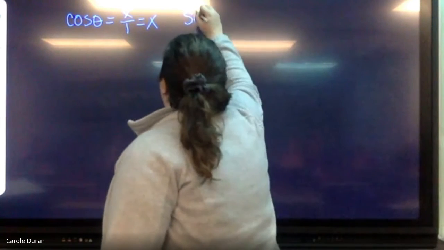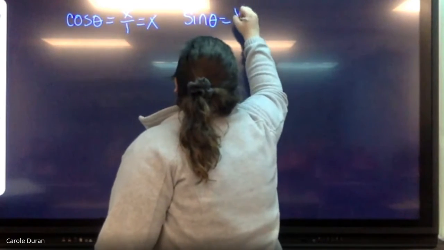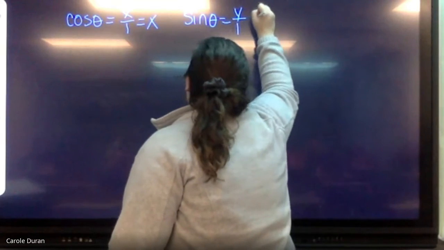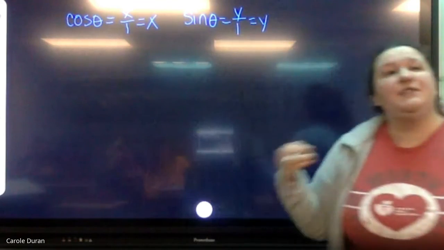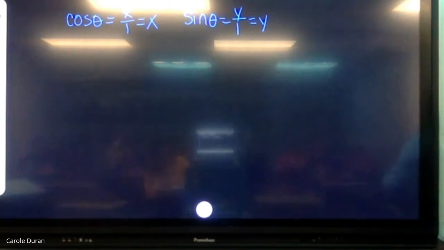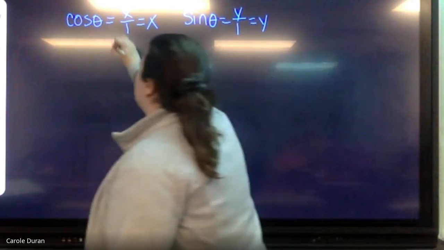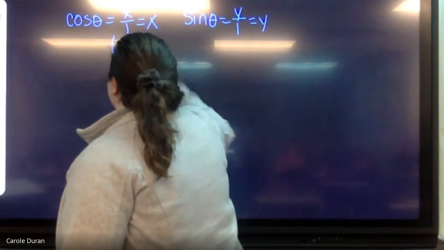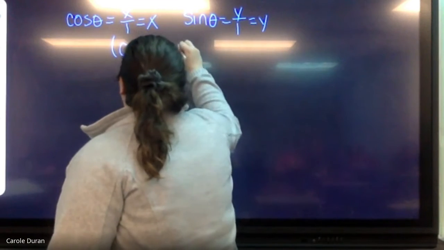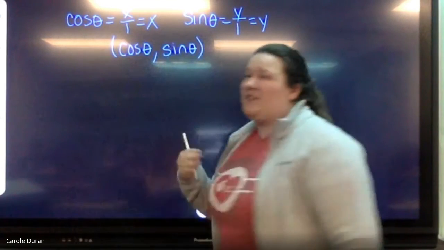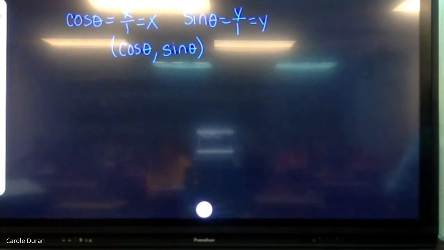And sine of theta is equal to y over 1, which is just y. Each of my terminal points is written cosine comma sine, where x is my cosine value and y is my sine value. This only applies to the unit circle.